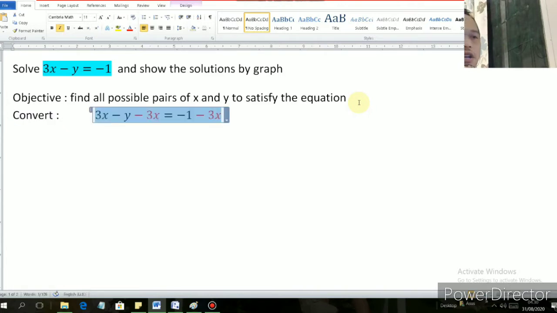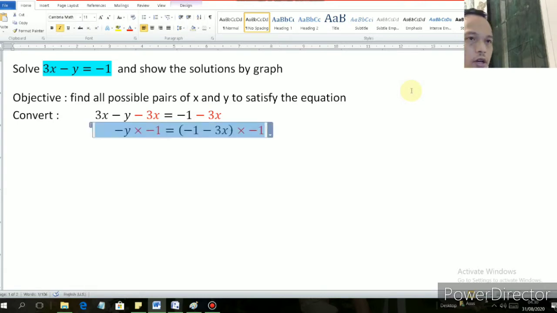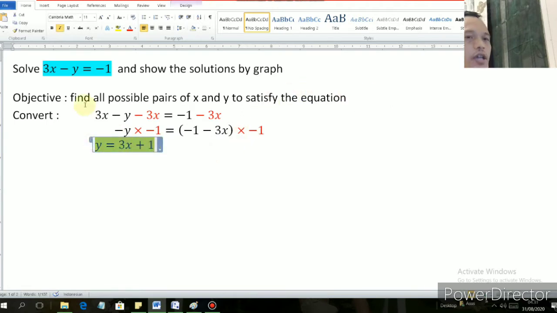So let's convert that using the additive property of equality, and then the multiplication property of equality, and in the end I will find this is my equation. This is exactly the same as the previous one, I'm just changing the form, so it will be easier for me to find y when I use some specific value for x.